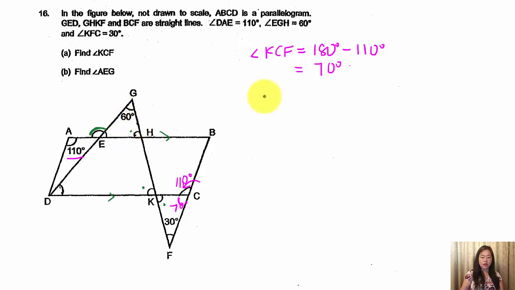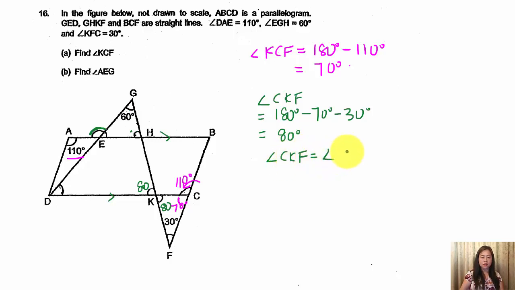So let's start. Angle CKF is actually equals to 180 degree minus 70 degree minus 30 degree because it is angle sum of triangle and we will get 80 degree. So since this is 80 degree, this will also be 80 degree because angle CKF is equals to angle HKD because of vertically opposite angle.